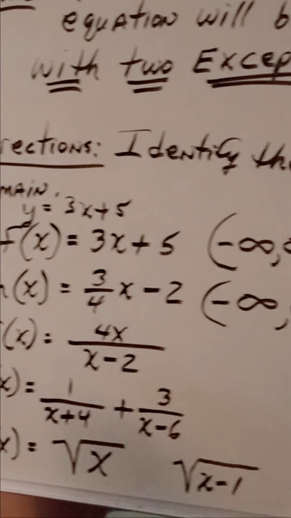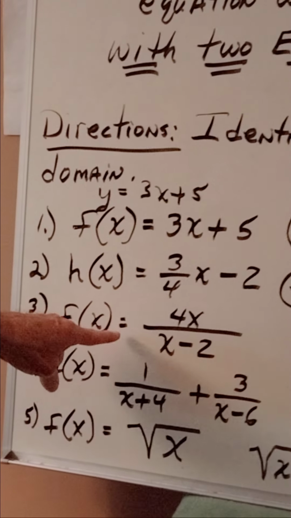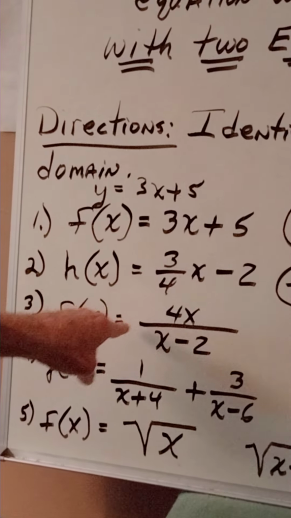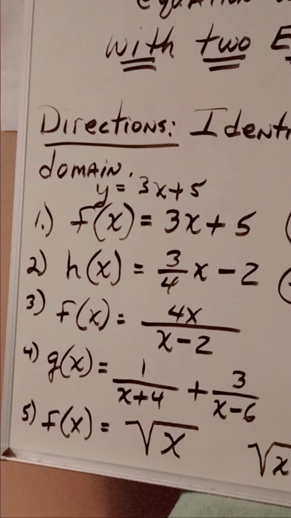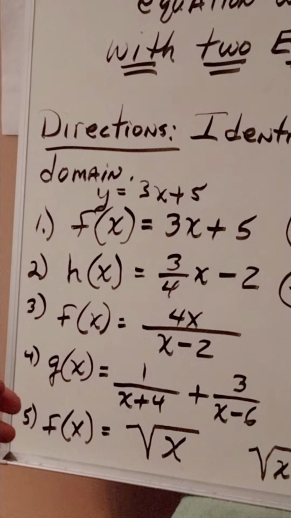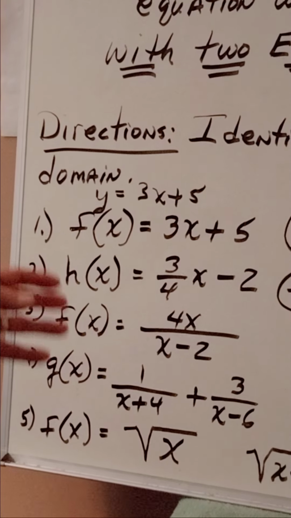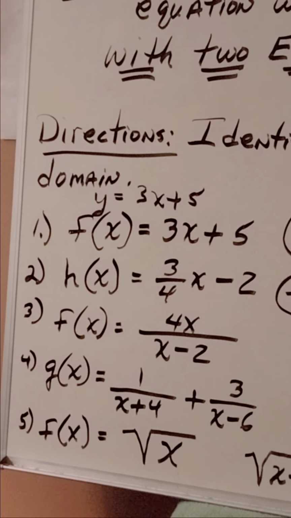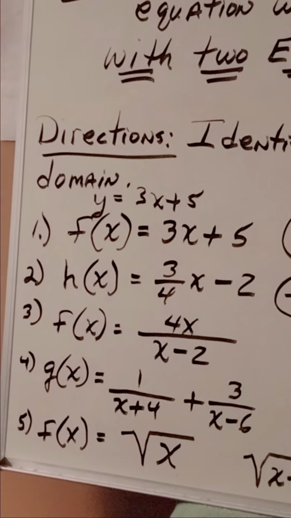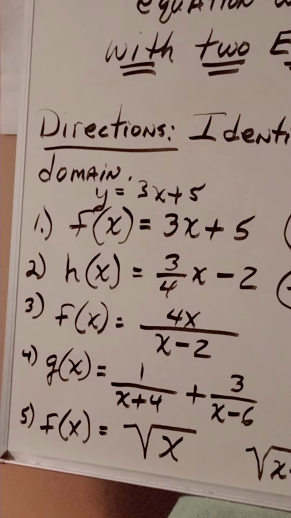Now we come to number 3. F of x is equal to 4x over x minus 2. The light bulb has to go on. You have to take a look at that expression that's on the right-hand side, and you notice not only do we have a fraction, but we happen to have a domain letter of x in the denominator.